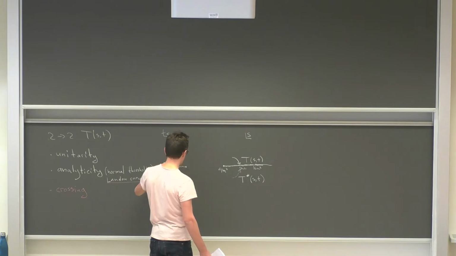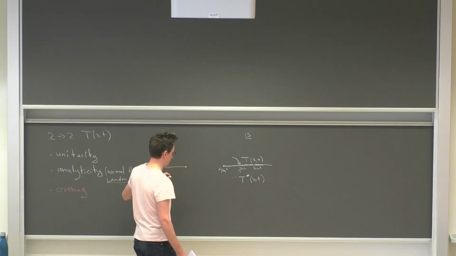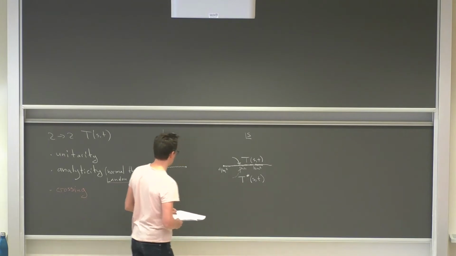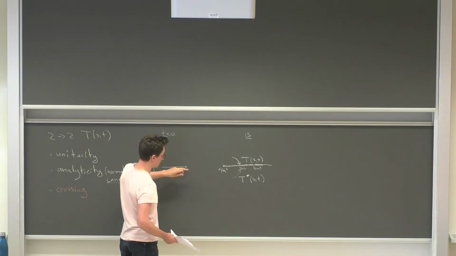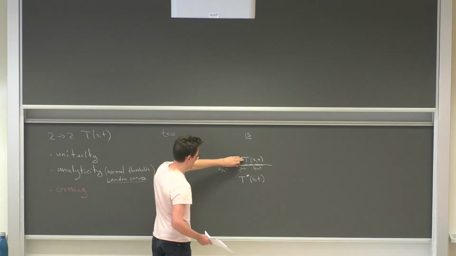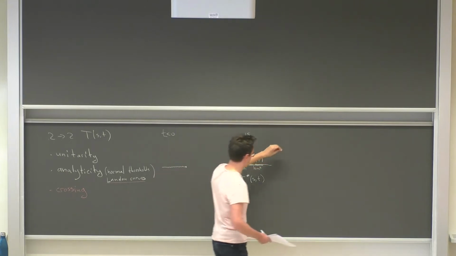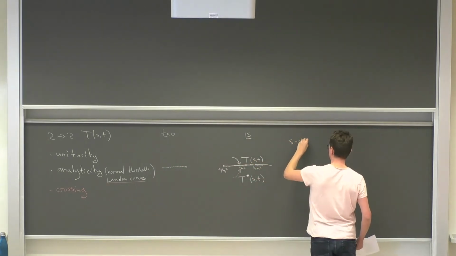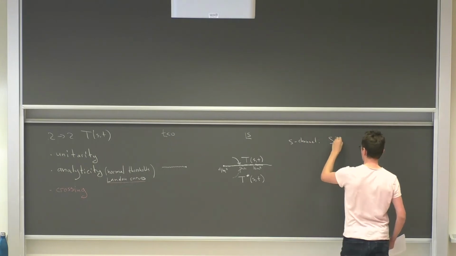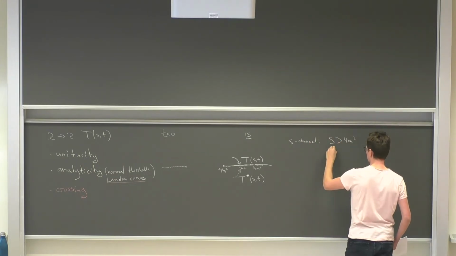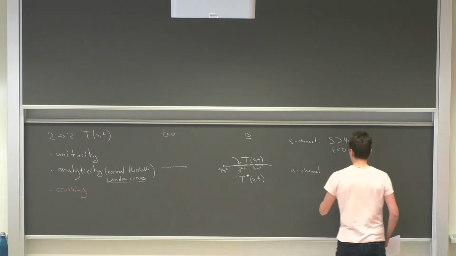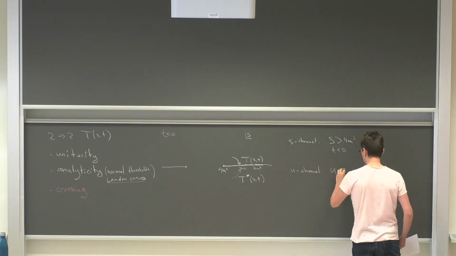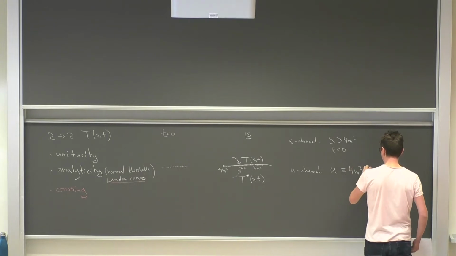In fact, you'll find again infinitely many cuts, which are related to the fact that the same amplitude describes processes not only in the S channel, which was, remember, S larger than 4m squared, say T negative, but also a U channel, where U is defined as 4m squared minus s minus t.